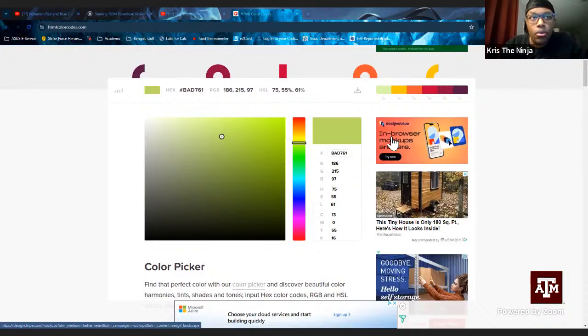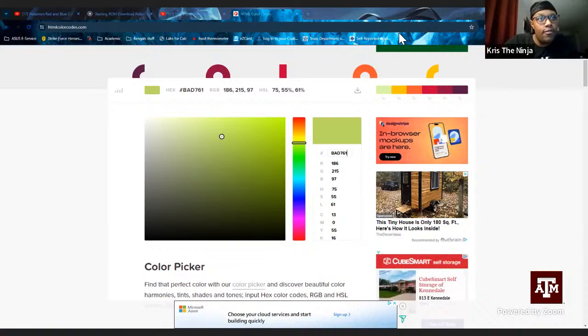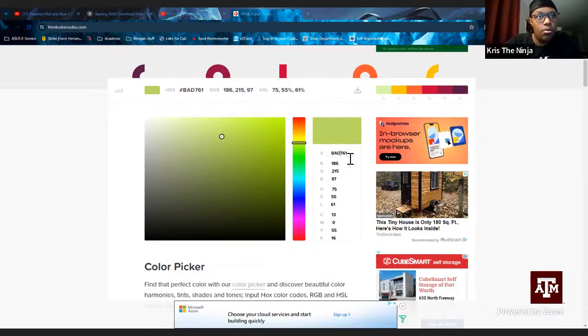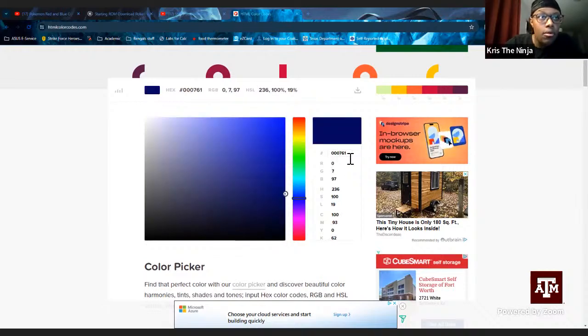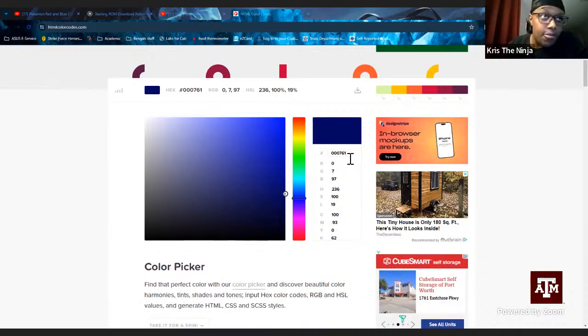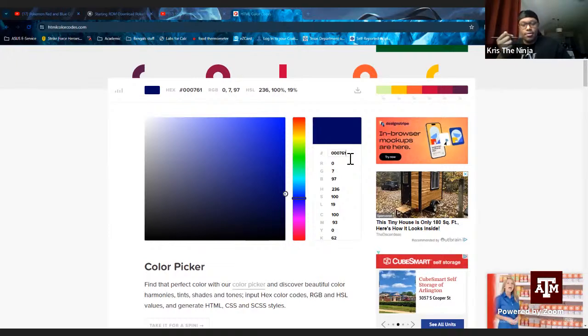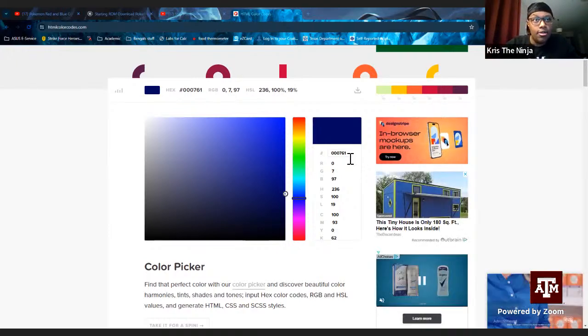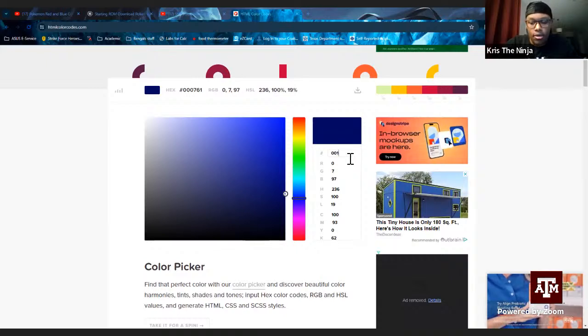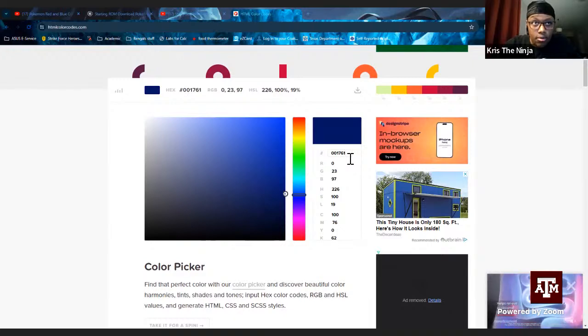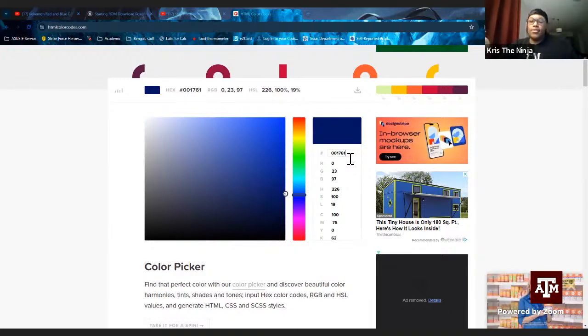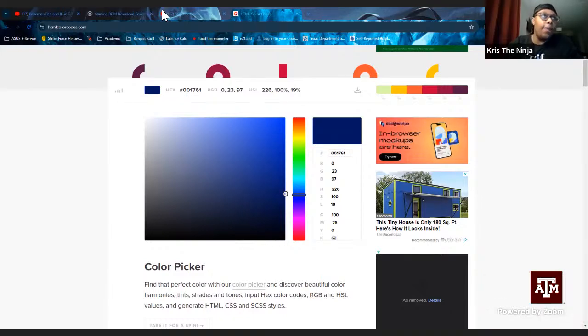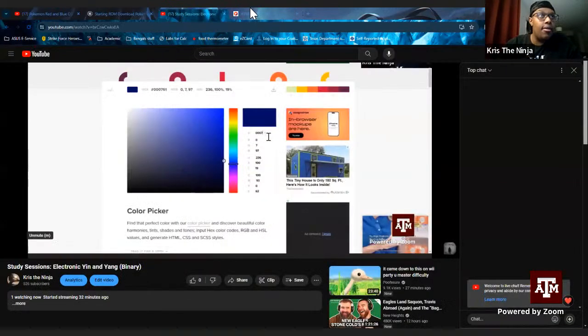If I wanted a blue color, I just put zeros there, like 0, 0, 0, 0, 0, 1, 7, 6, 1. That gives you that color. So that's the most popular use of hex keys that I can think of at this time.